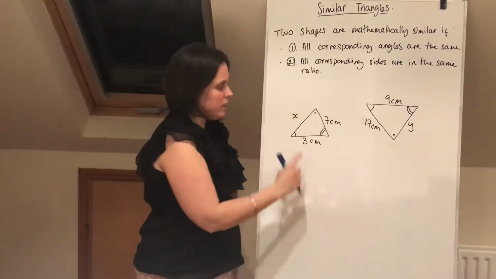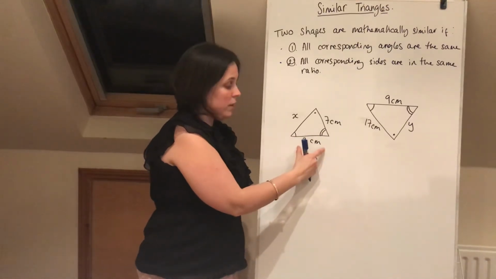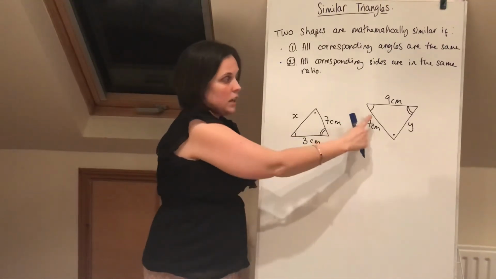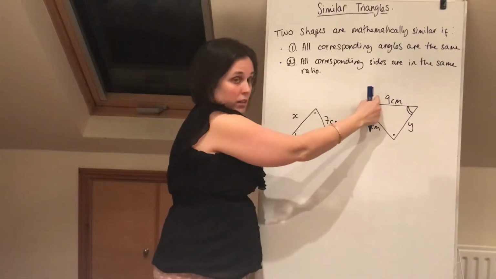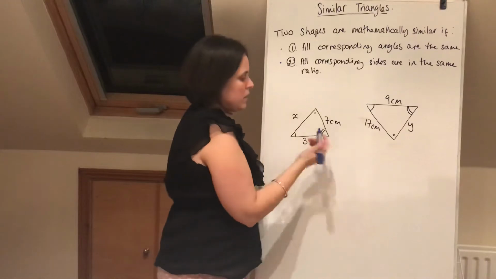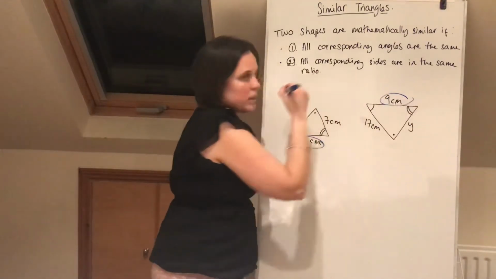And in this case, if you look here, between the single and the double line on this triangle is 3 centimetres, and if you look over here between the single and the double line, so it must be the corresponding side, that's 9 centimetres. So this side here corresponds to this side here.